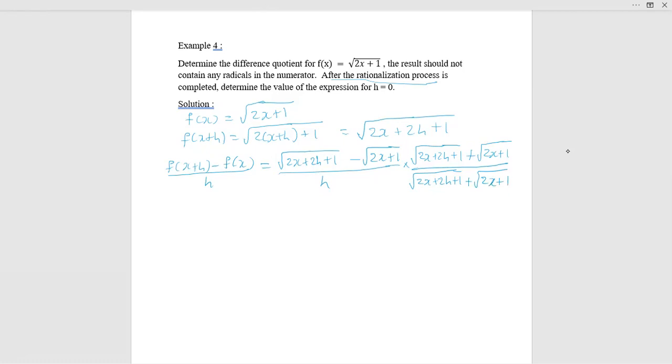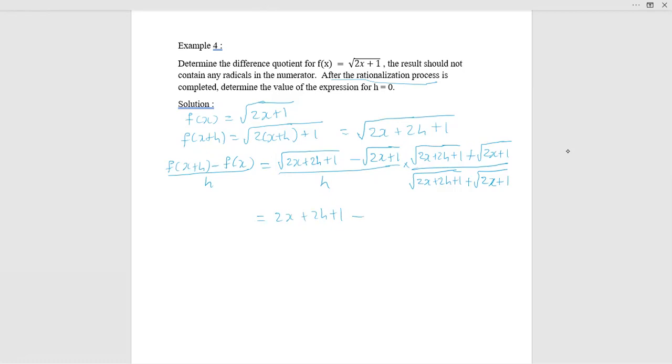Okay. Now on top we have a minus b times a plus b, which is a squared minus b squared. For a squared, the square of the square root is just the inside, 2x plus 2h plus 1, minus b squared, which is 2x plus 1.